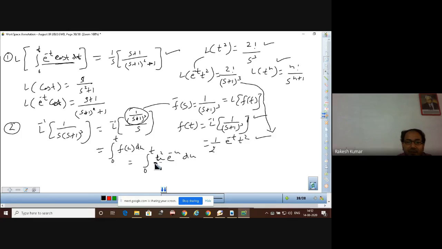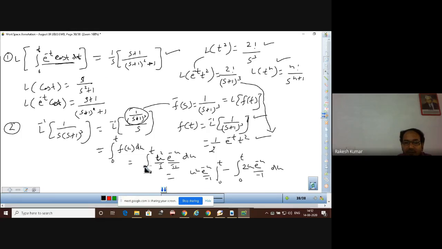By using the first function and second function method. Now, first function as it is, integral of second, the limits are 0 to t, and 0 to t, the derivative of first function, that is 2u, e raised to power minus u minus 1 du.